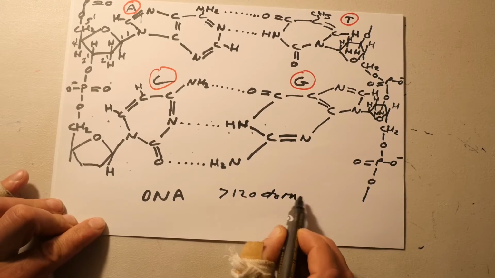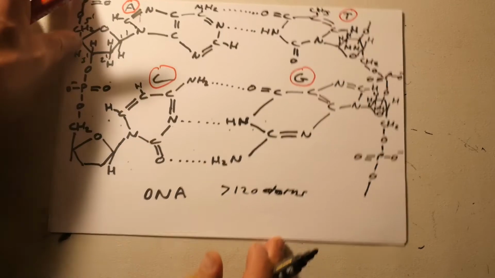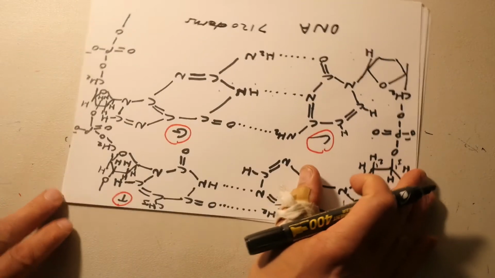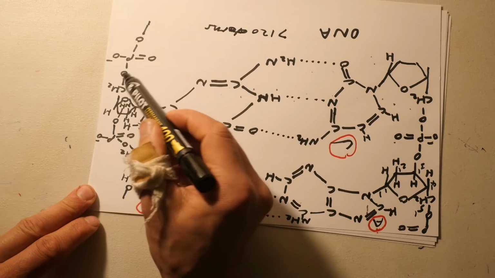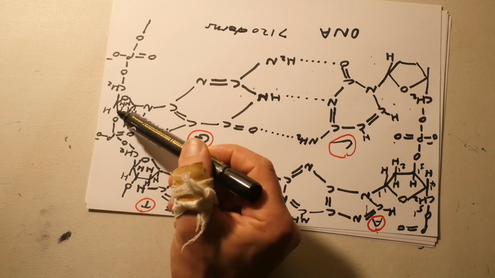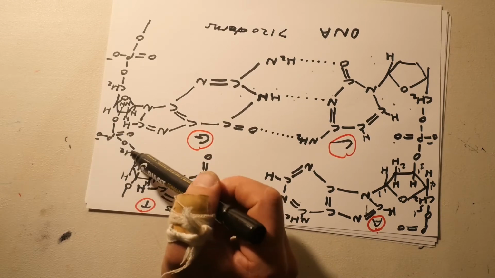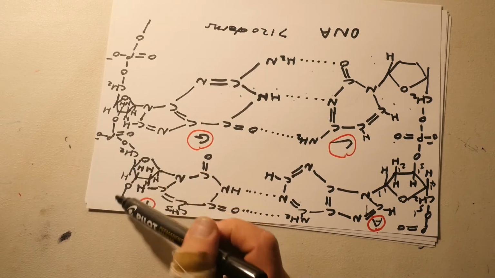The difficulty is not drawing it, the difficulty is fitting it onto paper. So if I turn it over, again you've got phosphate, oxygen, CH2 attached to the 5 prime, and coming off the 3 prime oxygen, phosphate, oxygen, CH2 attached to the 5 prime, and so on.